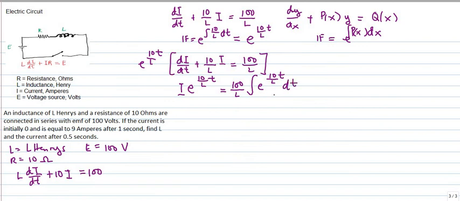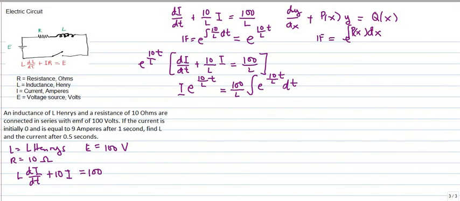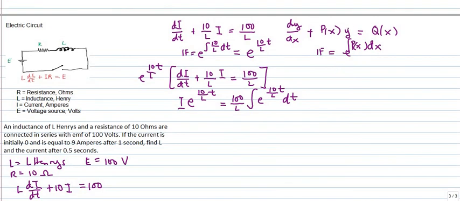This is e to the u du. Our formula here is the integral of e to the u du. Now, we will write on this part the integral of e to the u, you have here e raised to 10 over L t dt.